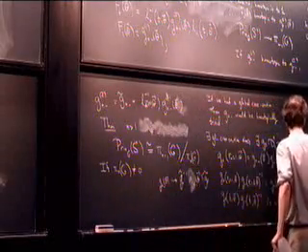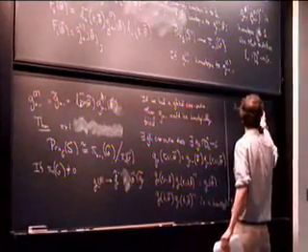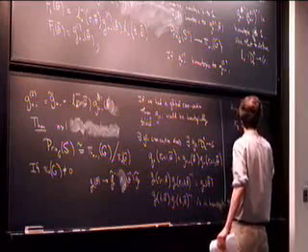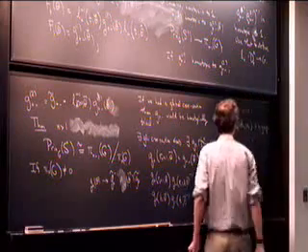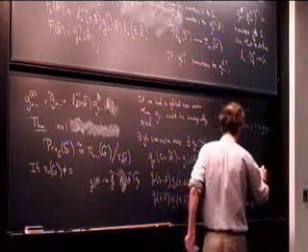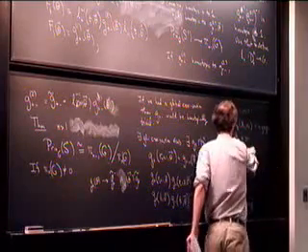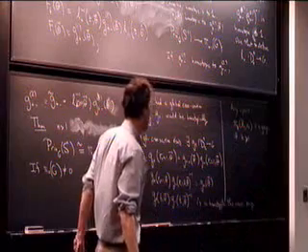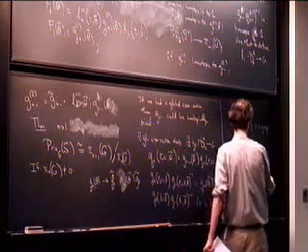So, for any space, pi k of x, x naught is a group if k is bigger than or equal to 1. It's an abelian group if k is bigger than 1.